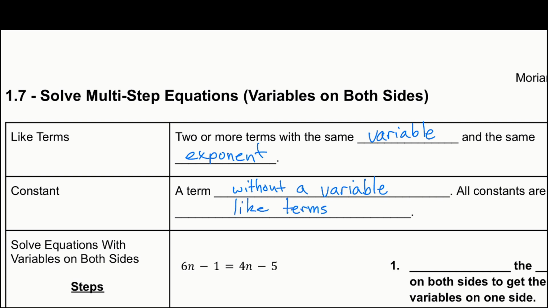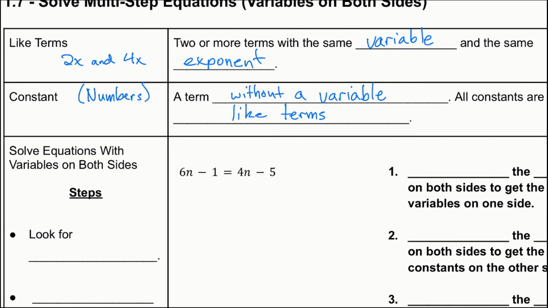So these are just numbers. An example of a like term would be something like a 2x and a 4x. They have the same variables, so you can combine them, add them or subtract them.